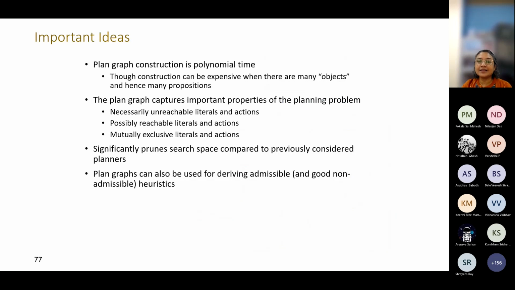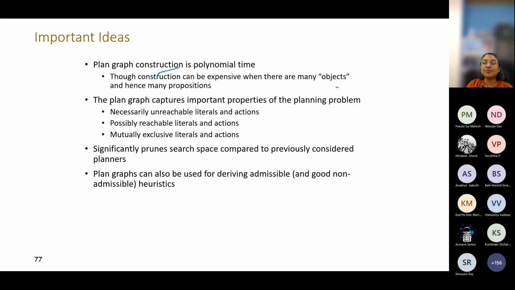So, to summarize, the important idea in GraphPlan is that the plan graph can be constructed in polynomial time. Though the construction can be a little expensive when there are a lot of objects and therefore many propositions, because the propositions are all instantiations, replacing the variables with the objects.